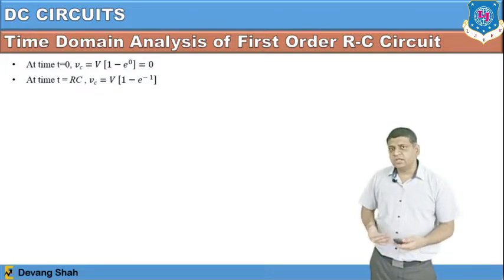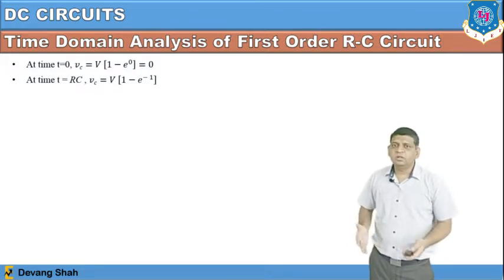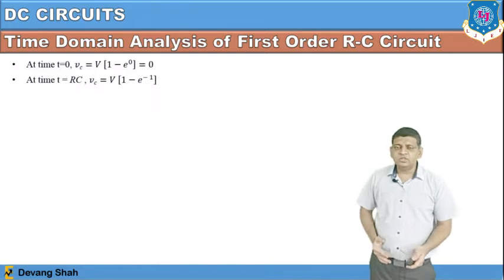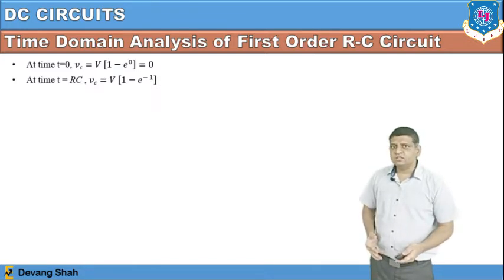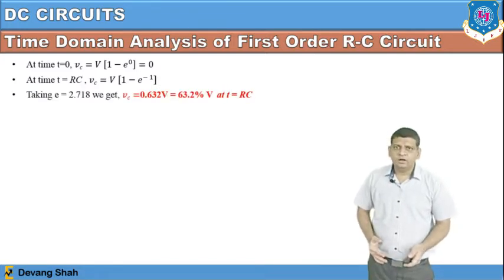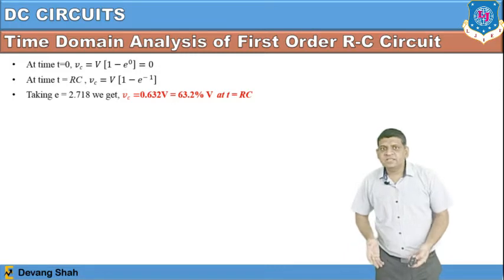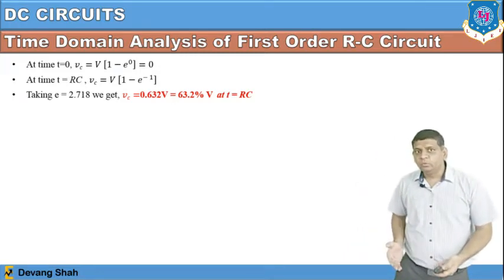In the same way, if you take t equal to RC, which is nothing but the multiplication of the values of resistor and capacitor, you'll find Vc is equal to V(1 minus e raised to minus 1). Once you take the typical value of e, you will find the voltage across the capacitor Vc is equal to 0.632 times V.